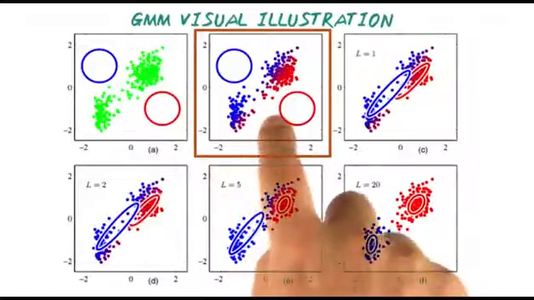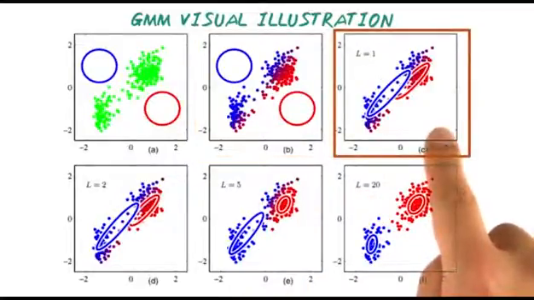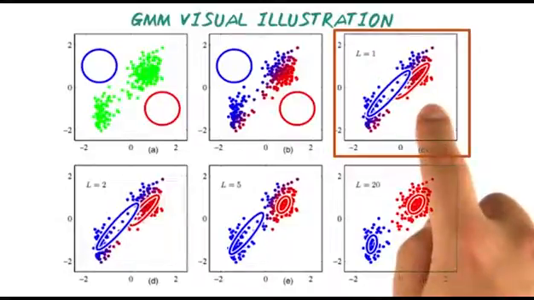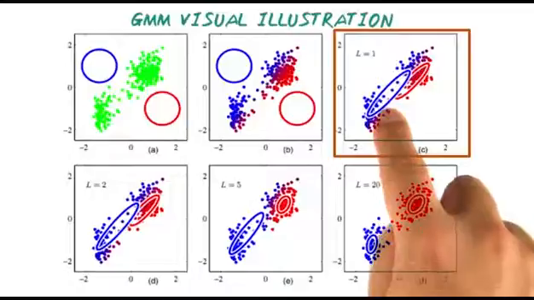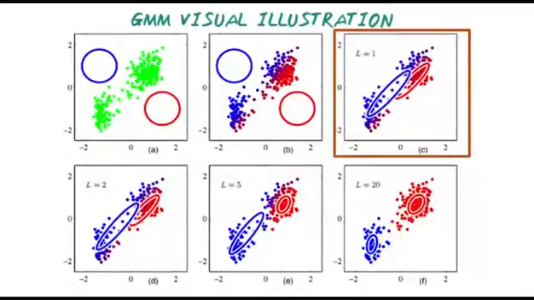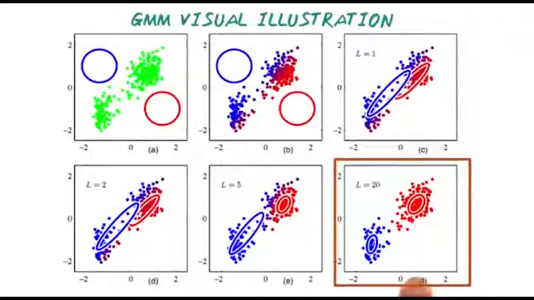Likewise, the redder points indicate the assignment scores for the red cluster are higher. Then we update the Gaussian mixture model's parameters based on the new assignment scores. In particular, we update mu, sigma, and pi. Then we iterate the E step and M step until convergence. And here is the final result of the Gaussian mixture model after 20 iterations.